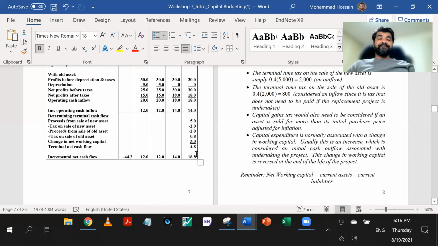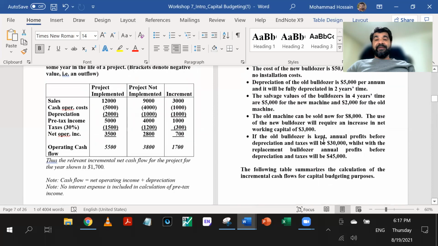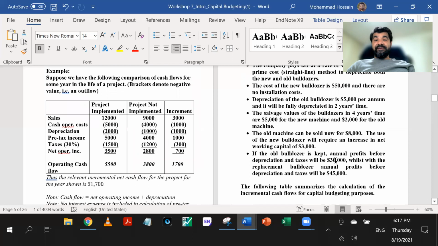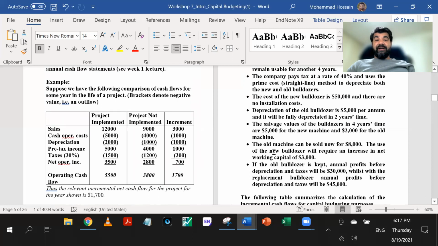Now, determining the terminal cash flows, in the last year. What are you doing in the last year? The proceeds from sale of the new machine: if you sell the new machine in the last year, the salvage value will be $5,000, as mentioned there. The old machine can be sold now at 10,000.